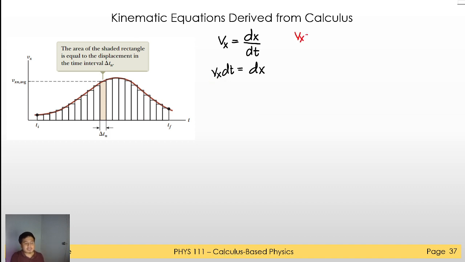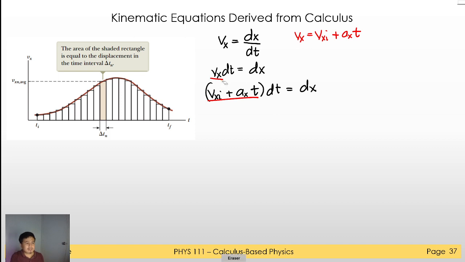We know that v is equal to the initial velocity vxi plus ax times time, from the kinematic equations. Assuming that the acceleration is constant here, we have (vxi plus axt) dt is equal to dx.